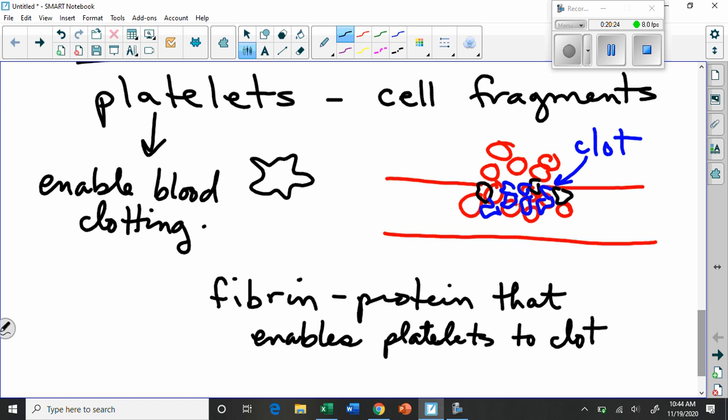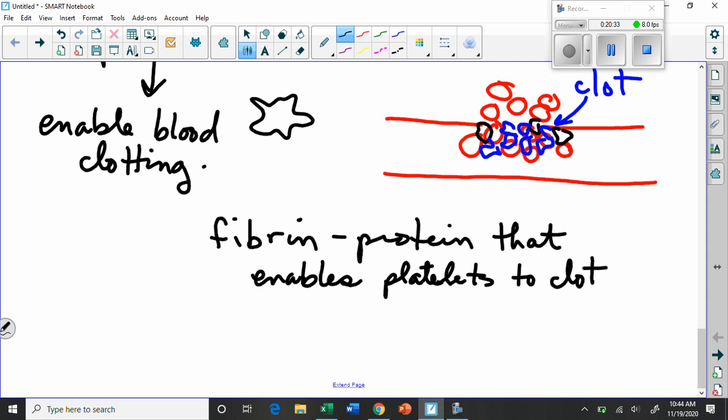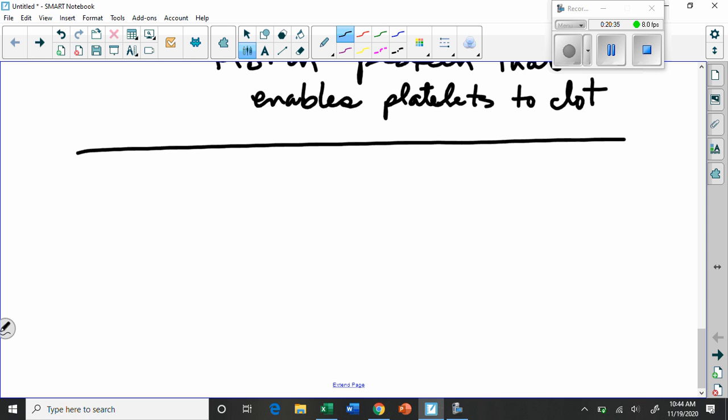But we will talk about blood types a little bit. So let's go down a little bit here and talk about what we mean by blood types. Well, you'll remember that on those red blood cells, we saw those little spiky dots, right?